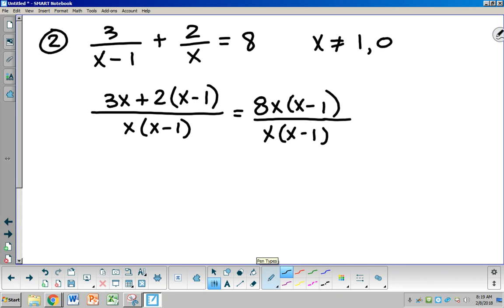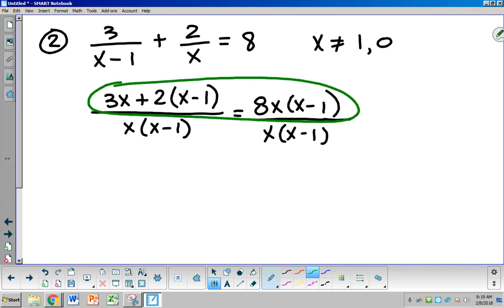All right, now our denominators are equal, so what can we do? We can equate the numerators. So I can say then 3x, I'm going to simplify as I go here. 3x plus 2x minus 2 equals 8x squared minus 8x.